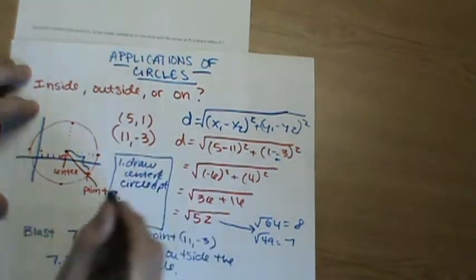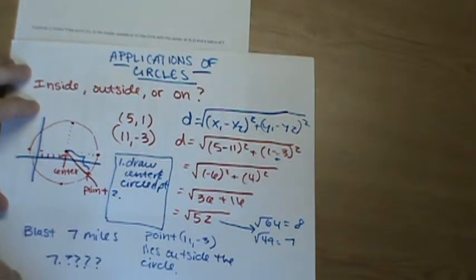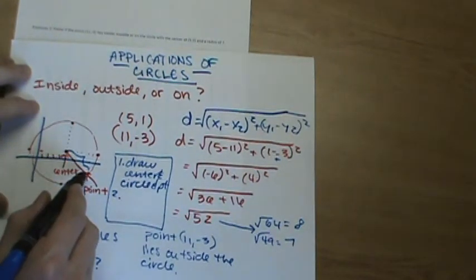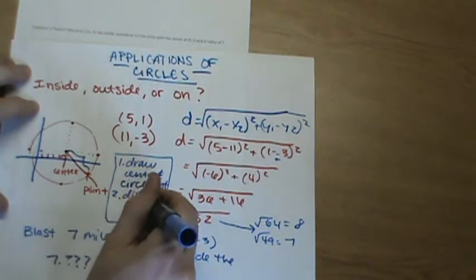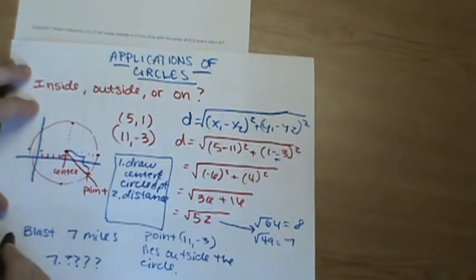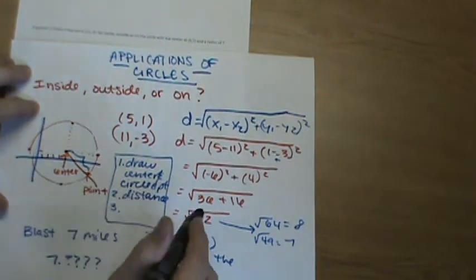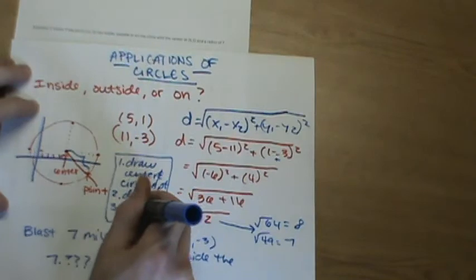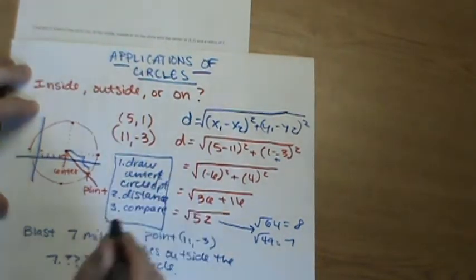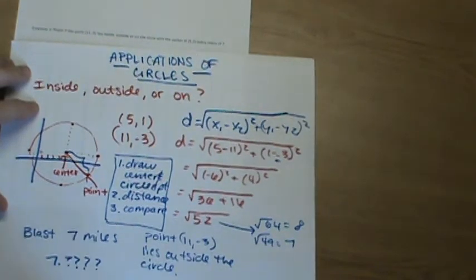So I'm going to draw and point. Number 2, we found our distance from the center to the point. So distance. And then finally, step number 3, we compared our distance to the circle's radius. So compare. And then we were able to say inside, outside, or on the circle.